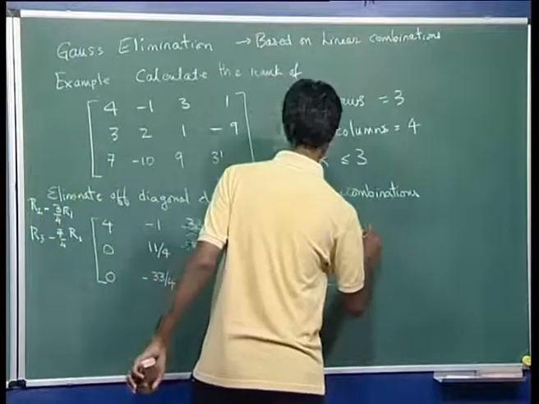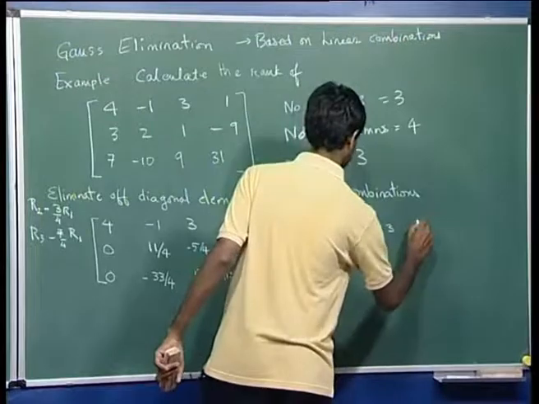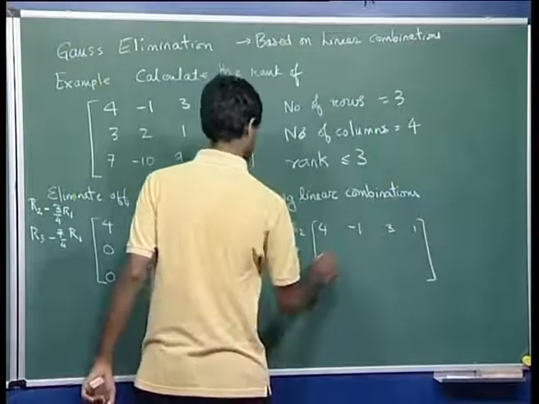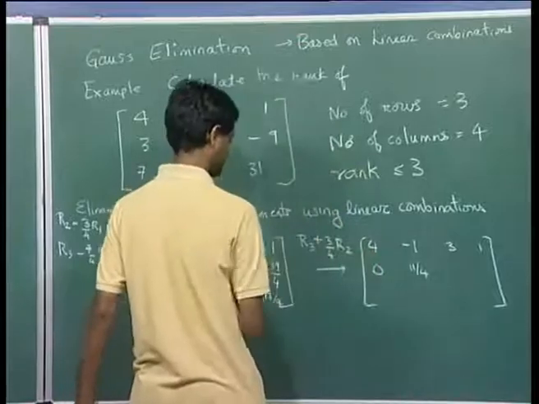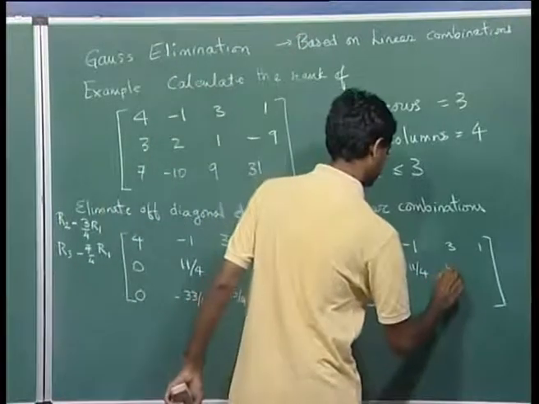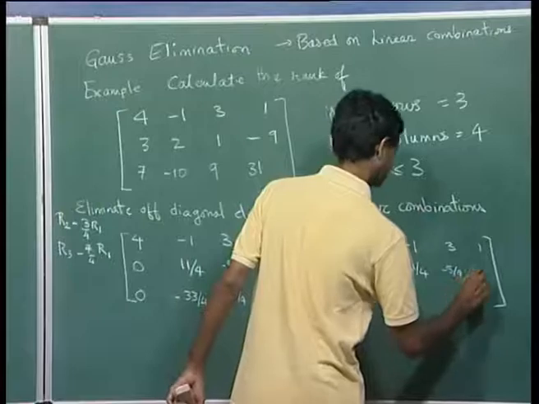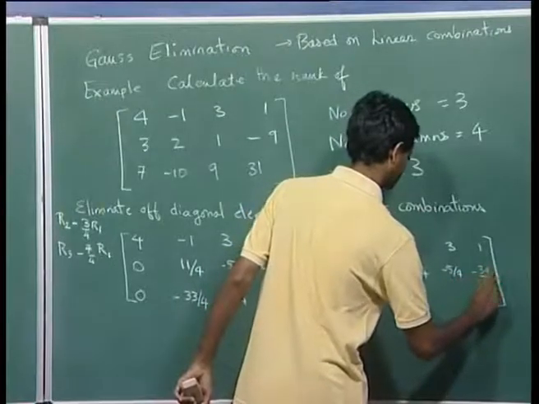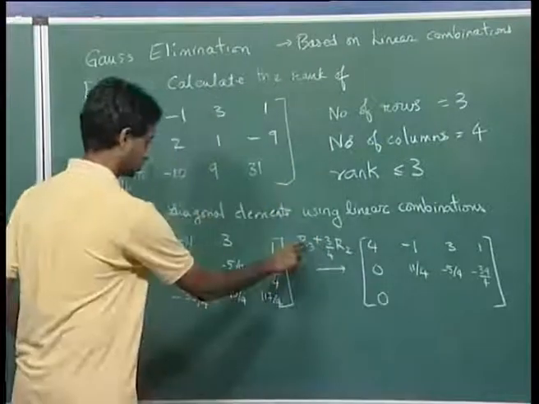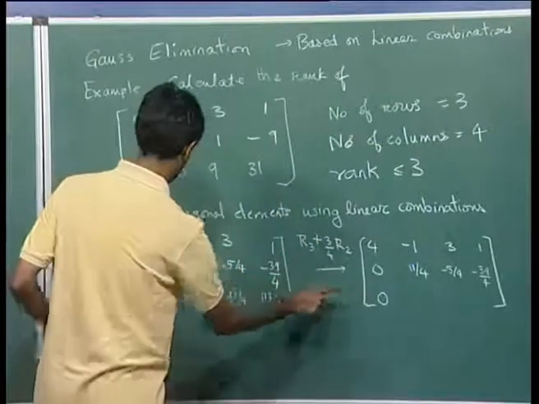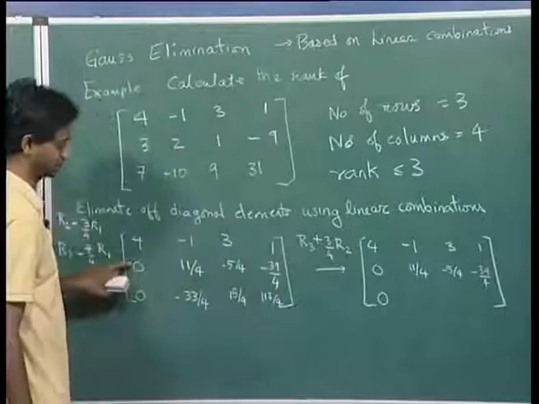So, I have 4 minus 1 3 1, 0 11 by 4. Now this operation will not change the second row, minus 5 by 4, minus 39 by 4. The third row element was 0, add 3/4 of 0, I still get 0.